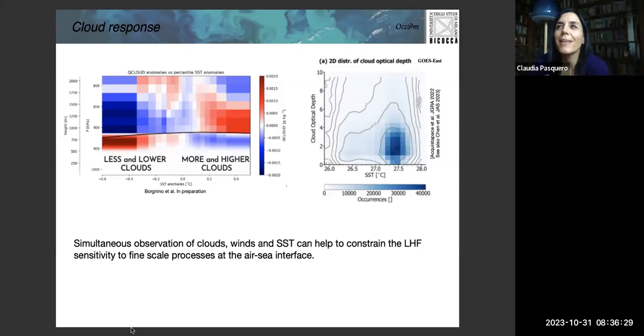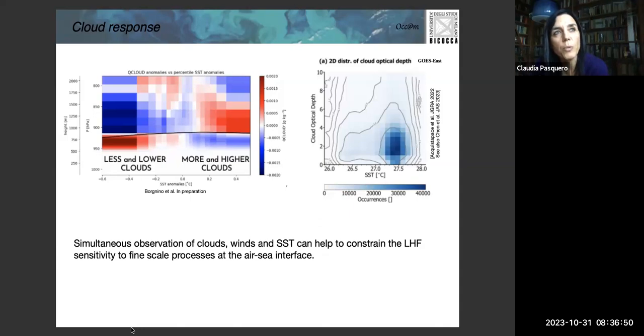So in the model, we actually filter the data and we describe the high-pass filtered anomalies. But in the observations, we don't have any large scale. It's all small scale. And of course, one could define a mean and define some anomalies, but it would be exactly the same thing.